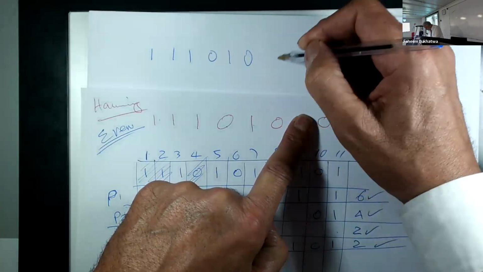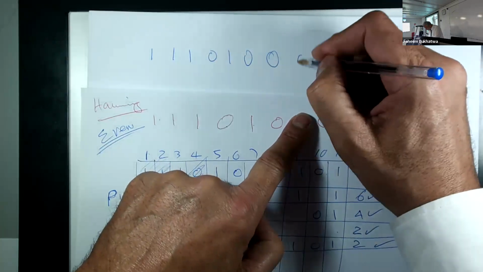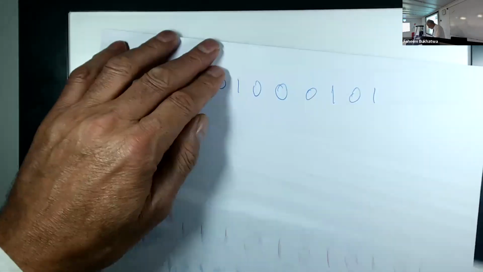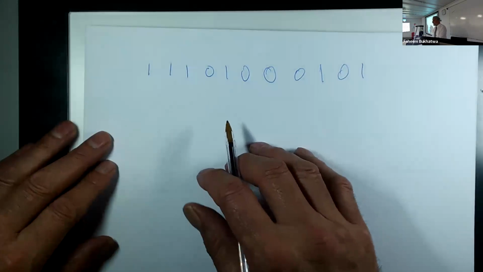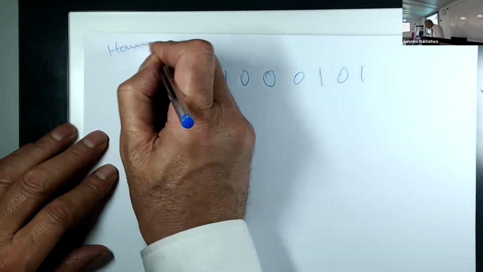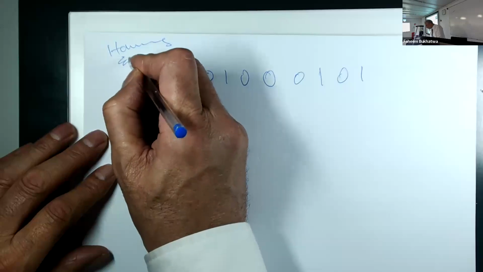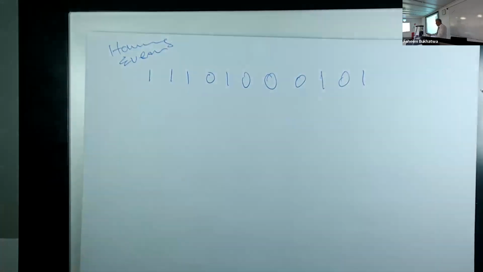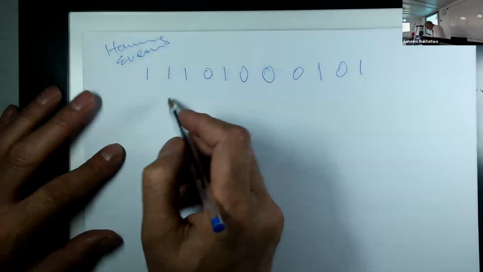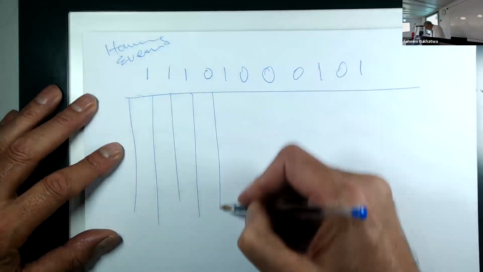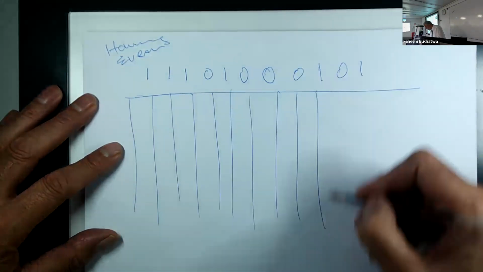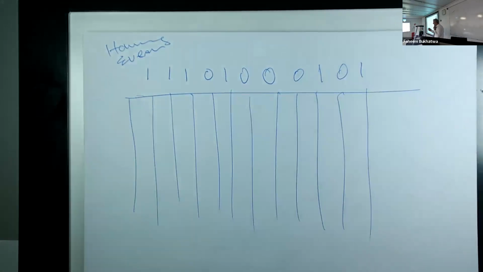Here's the question again. The sender sent you this frame after performing even Hamming code. So they did the same. They put parity bits and they sent you the frame. Now, does it have any problems? So first thing, I'm going to create the columns 1, 2, 3, 4, 5, 6, 7, 8, 9, 10, 11. Maybe it's a good idea to use those square pages.